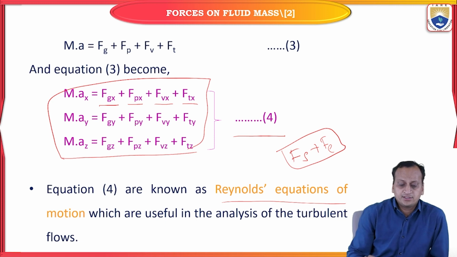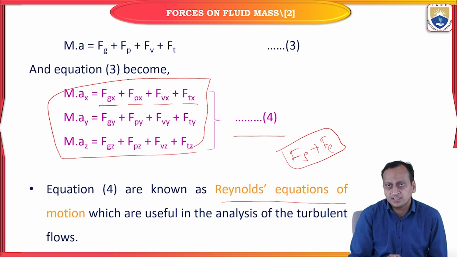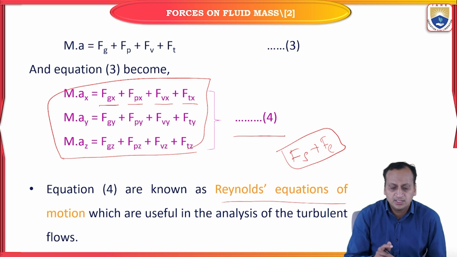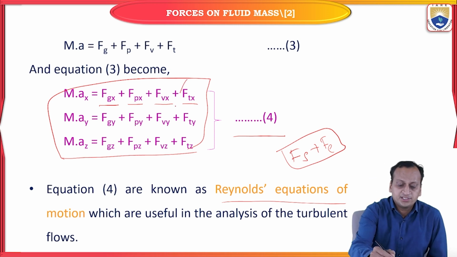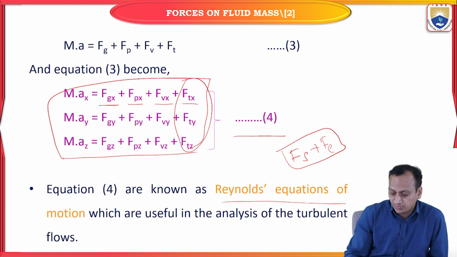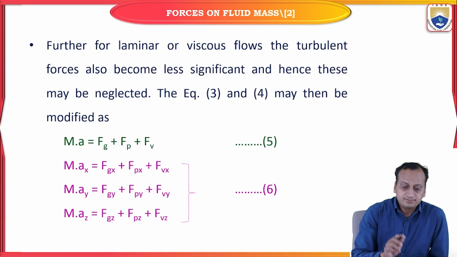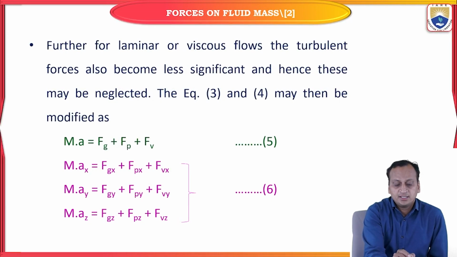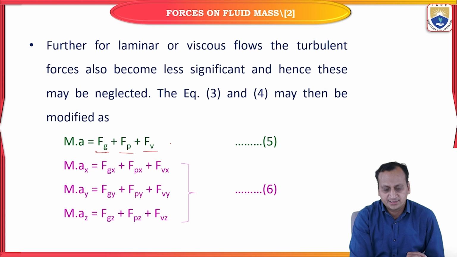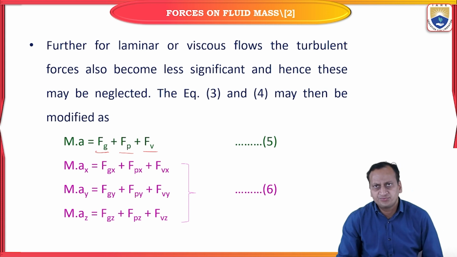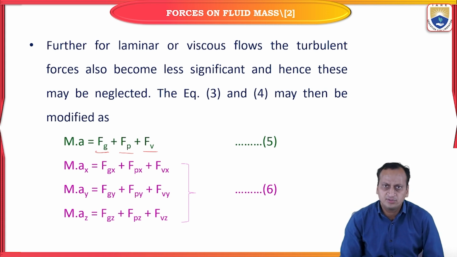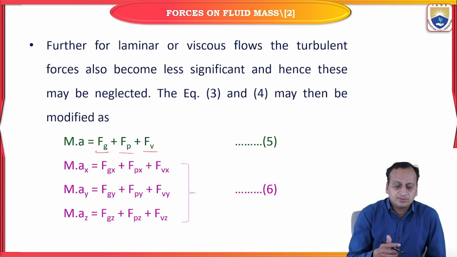Now, in the case of viscous fluid flow, the turbulence force is also insignificant. If you eliminate the force due to turbulence, only three forces remain: force due to gravity, force due to pressure, and force due to viscosity, or shear forces or tangential forces, Fv.